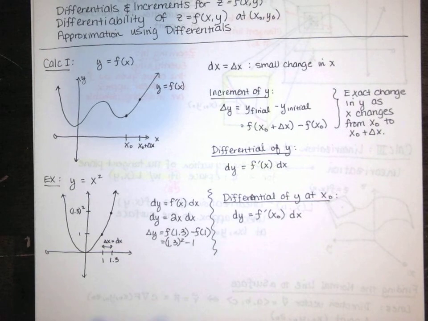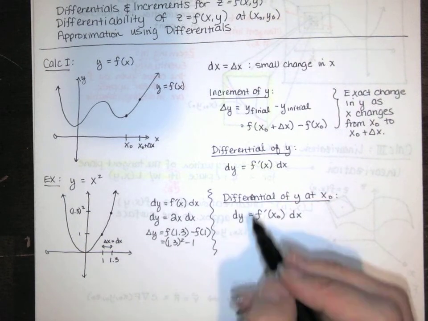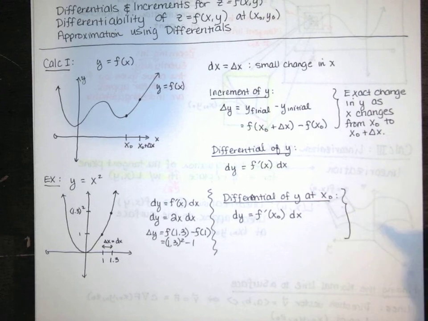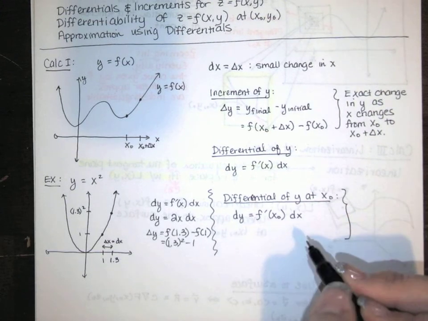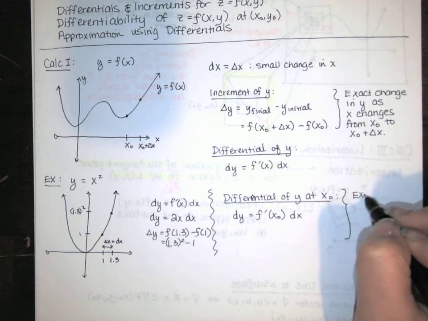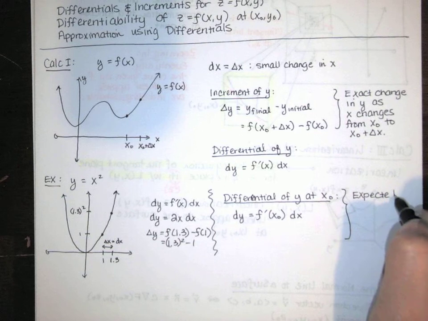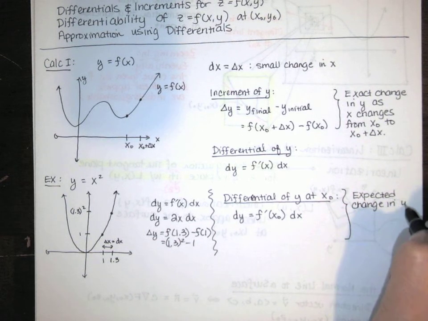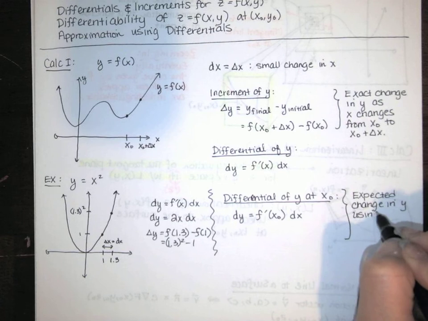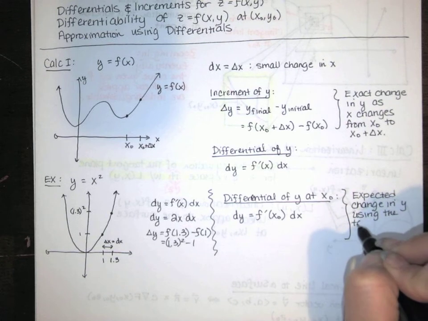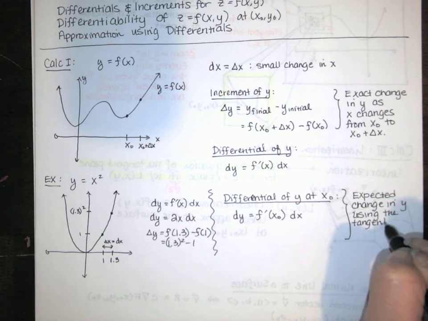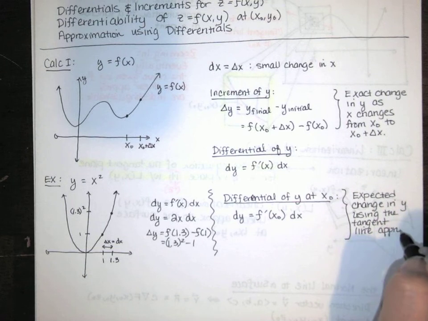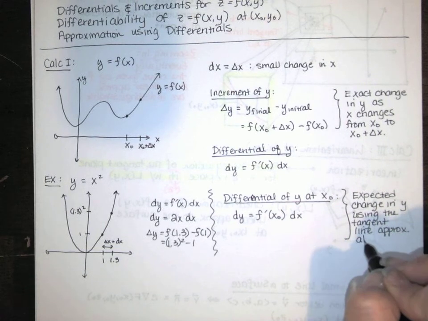Now we're thinking of the differential differently. This is just a formula. This means something. This is going to give you the expected change in y using the tangent line approximation at x equals x naught.